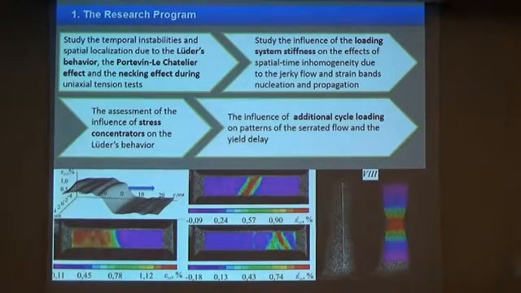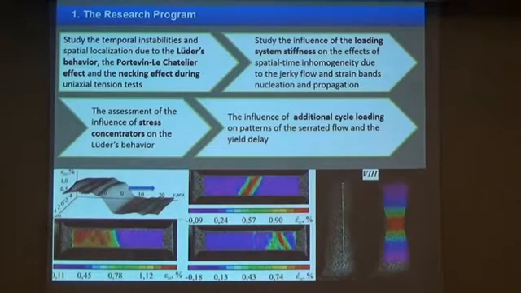The research program of my work consists of several steps. At first, it is a study of the terminal instabilities and spatial localization due to the Lüders behavior, the Portevin-Le Chatelier effect, and the necking effect during uniaxial tension tests.